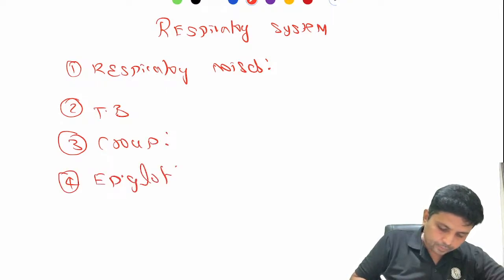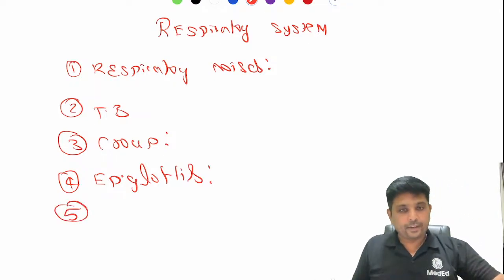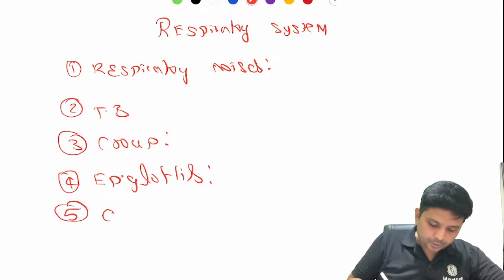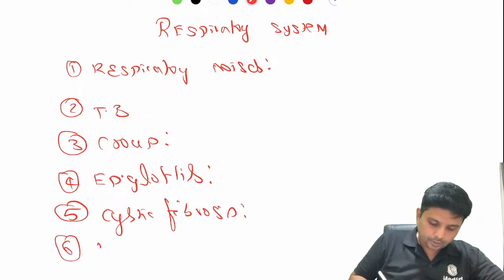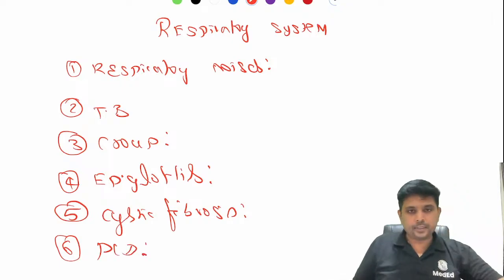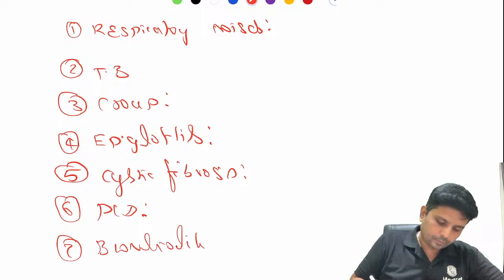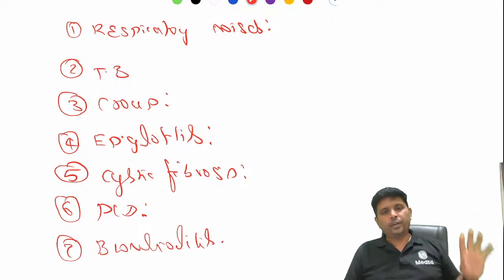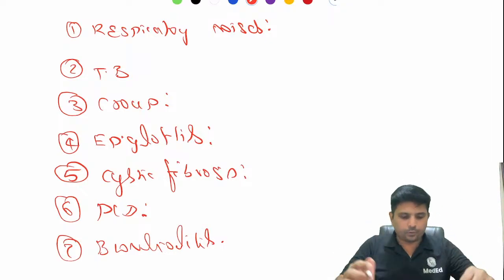Epiglottitis. 5. Cystic fibrosis. 6. Primary ciliary dyskinesia. 7. Bronchiolitis. Okay, these are all the things that we are going to discuss right now.